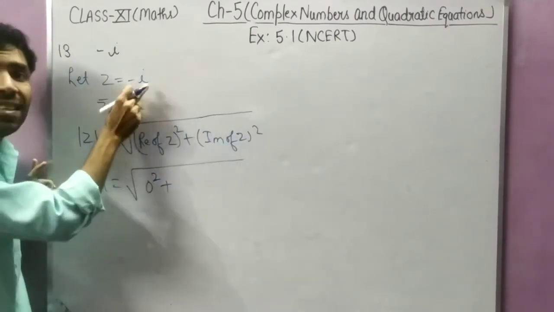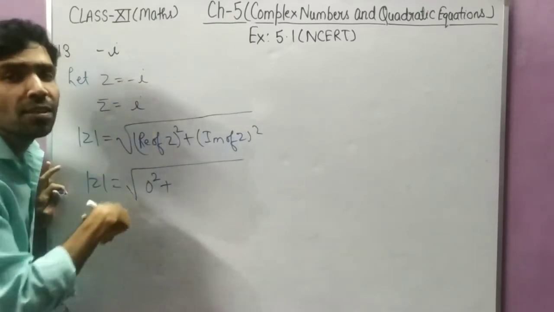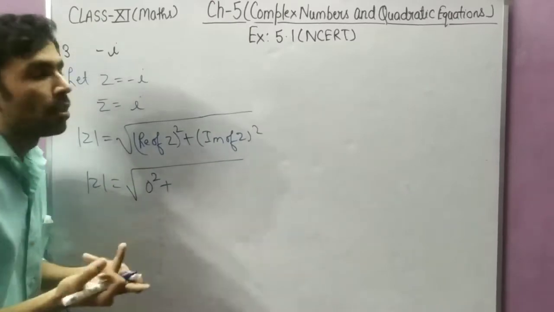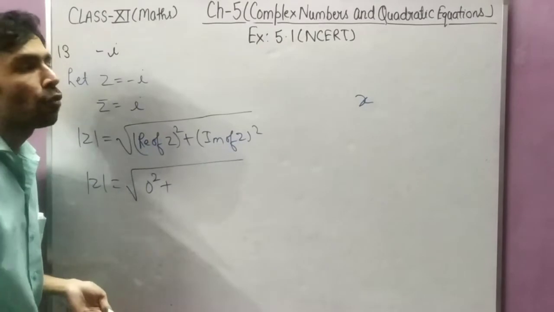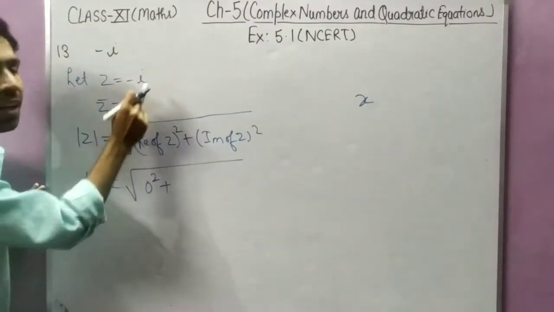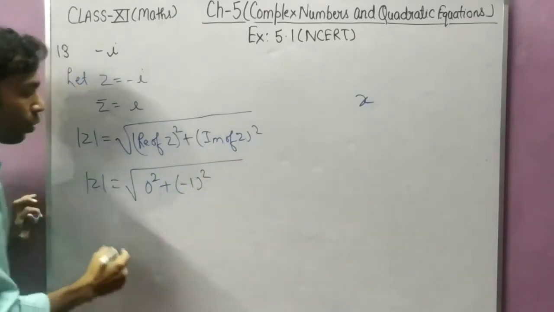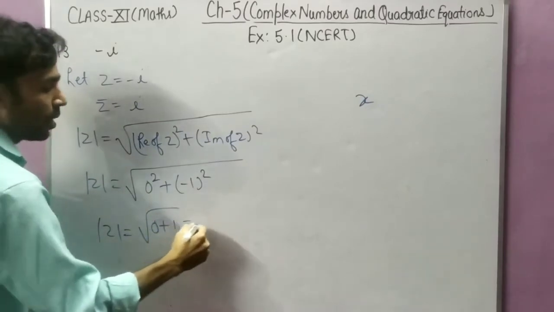Imaginary part of z is minus 1, because with i what is associated? If nothing is written, it means 1 is associated with it. Okay, suppose x is written and you have to find the coefficient of x, so what will be the coefficient? 1. Similarly here the coefficient of i will be minus 1, so that will be its imaginary part. So mod of z will come under root 0 plus 1, it means plus 1.